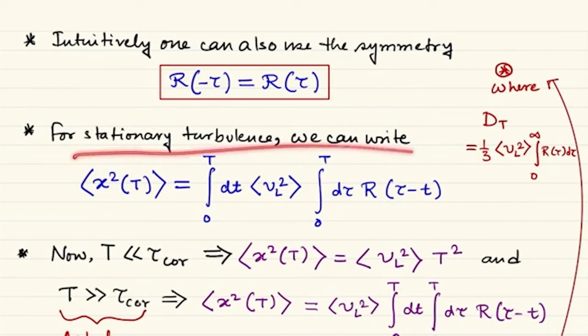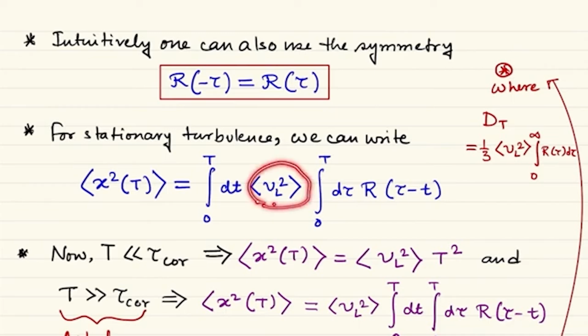Now for stationary turbulence, we can write this. Our final objective is to determine the mean square displacement; why, I will come to later. The mean square displacement, average of x square of t, is equal to the integral from 0 to t of dt, angular bracket VL square, which is constant so it can go anywhere, times the integral from 0 to t of d tau r of tau minus t.